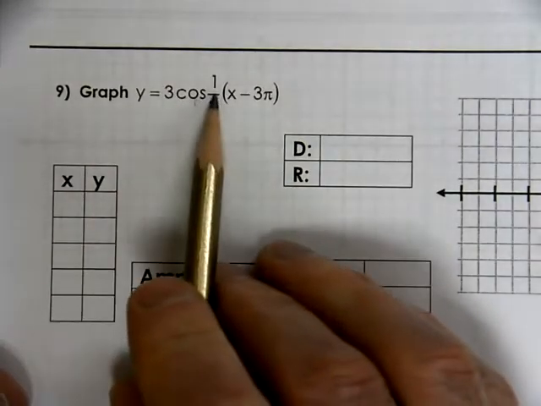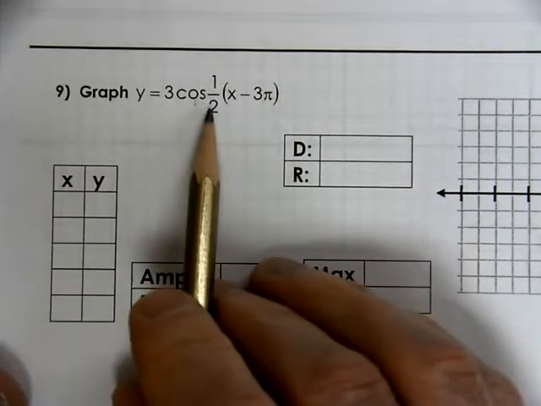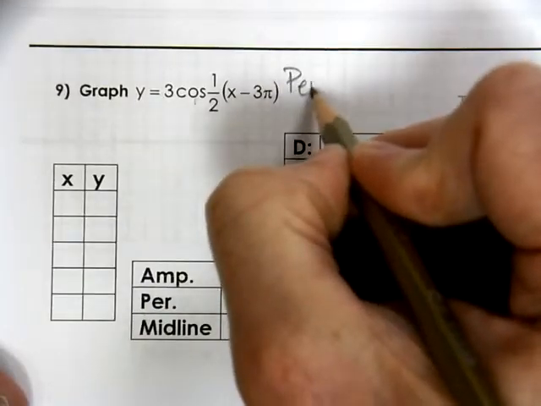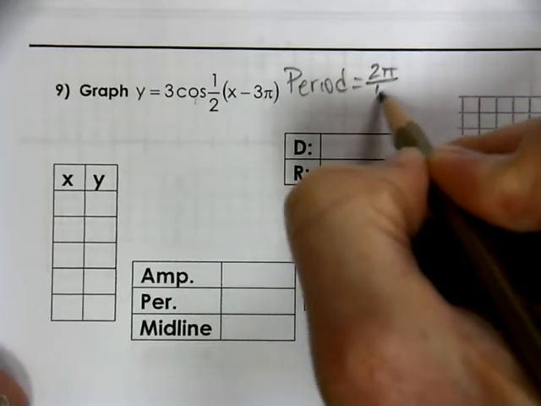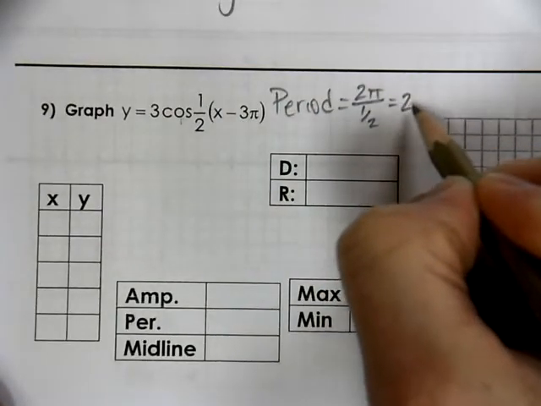This next one here, it has a translation and it has a b value. The b value is a half, so we use that to calculate the period. 2 pi divided by b, so we're going to divide it by a half. Well, how do you divide something by a half?